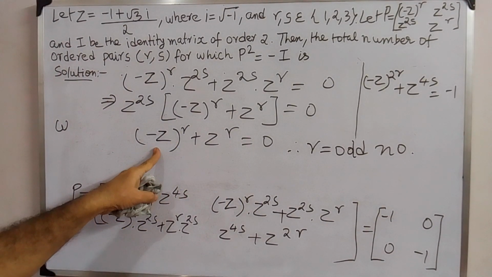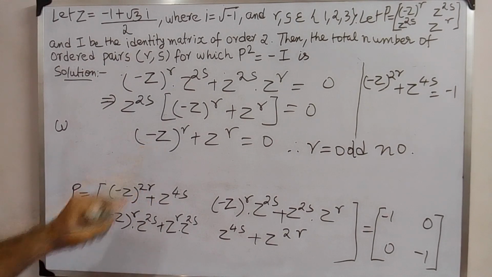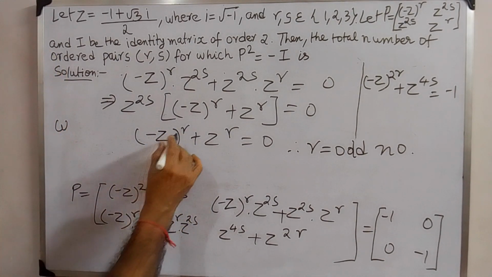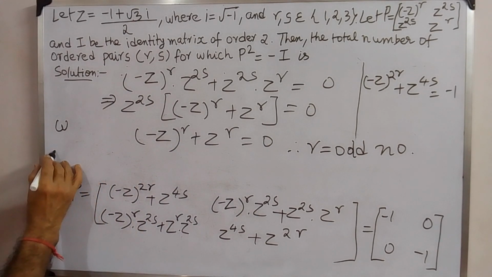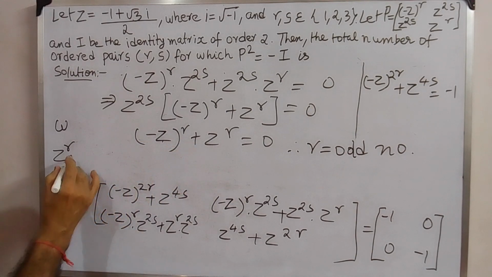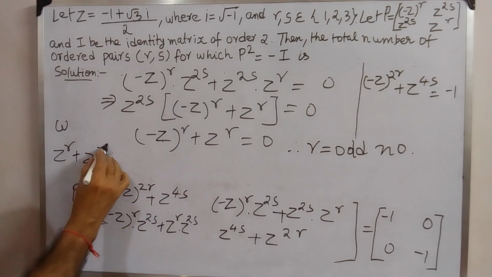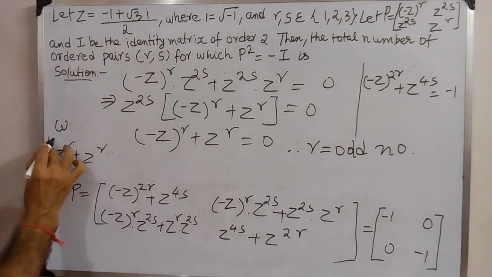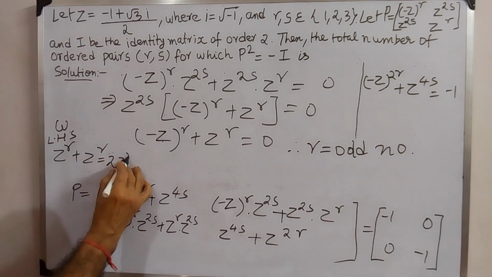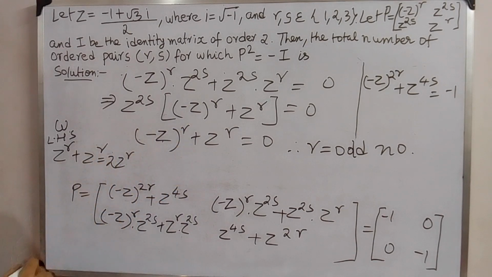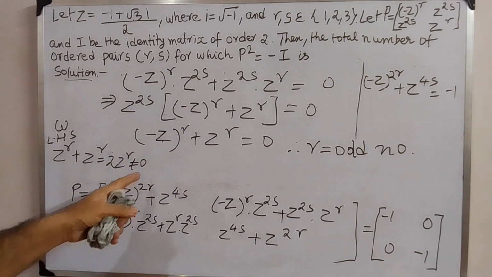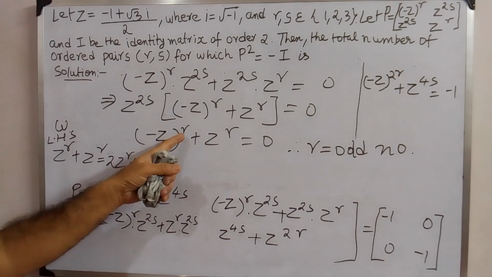Because if r is an even number, minus will become plus, and this will also be z to the power r, so it becomes 2z to the power r, which can never be 0. This will be 0 when r is an odd number.